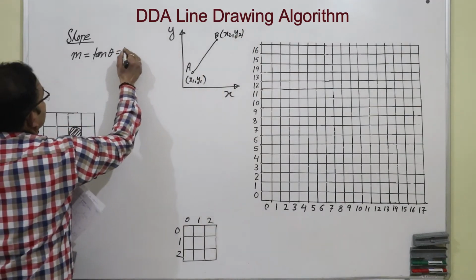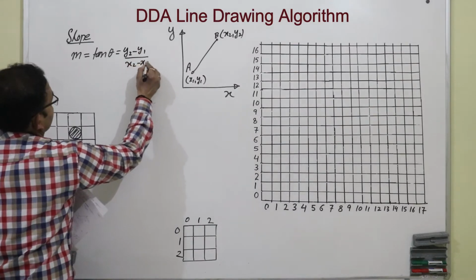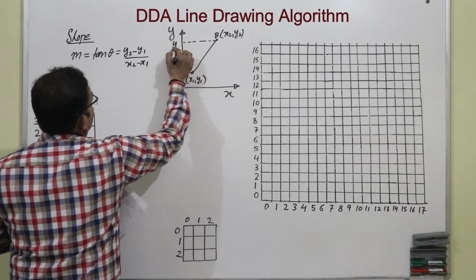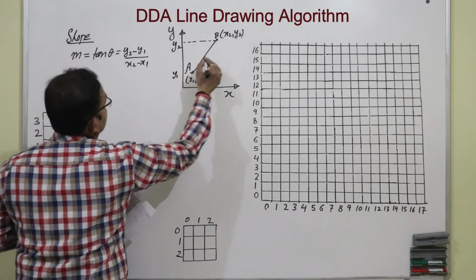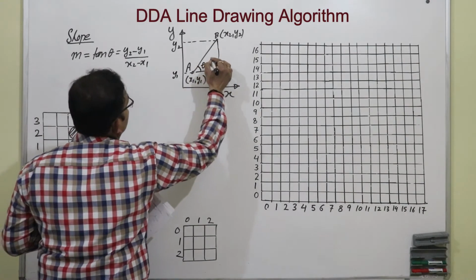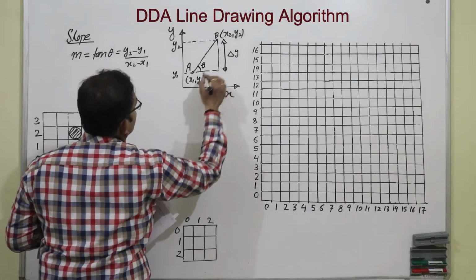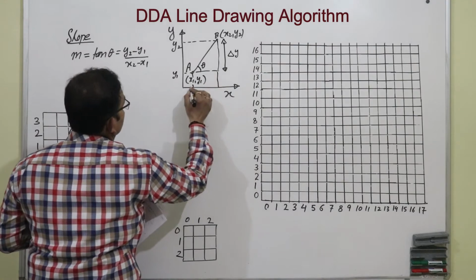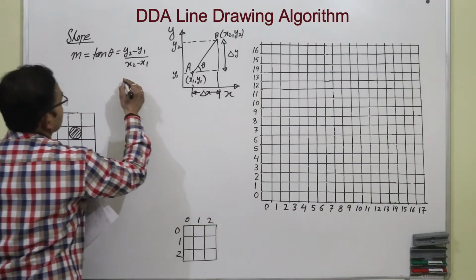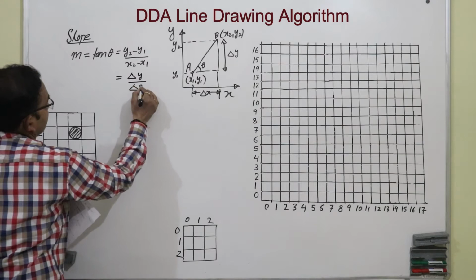Tan theta equal to y2 minus y1 upon x2 minus x1. So it is y2, it is y1, it is theta, it is delta y, and it is delta x. So delta y upon delta x.